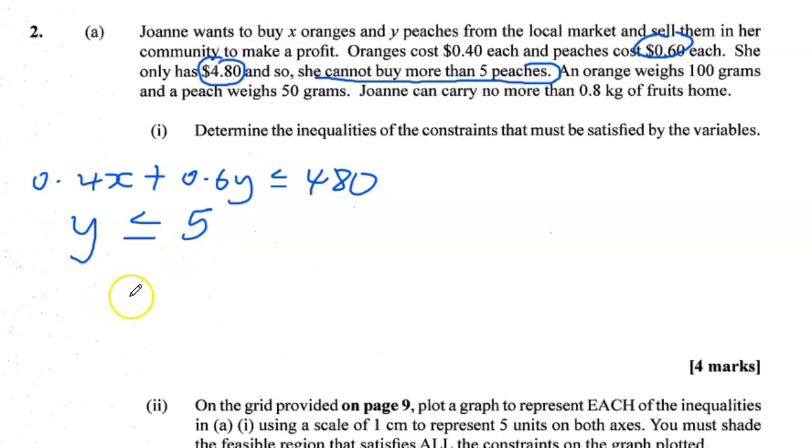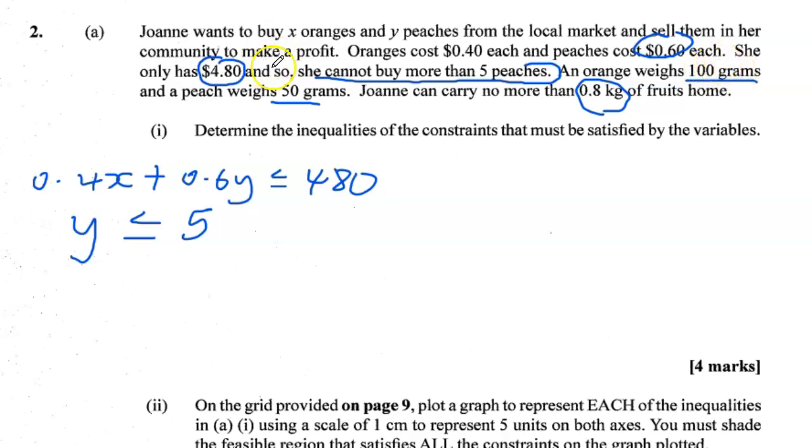And the final inequality, notice we have the weights in grams and the total amount is in kilograms. So we want to convert everything to the same unit. To convert from grams to kilograms, we need to divide by 1,000. So 50 grams, 100 grams, we'll convert these to kilograms by dividing each of them by 1,000.